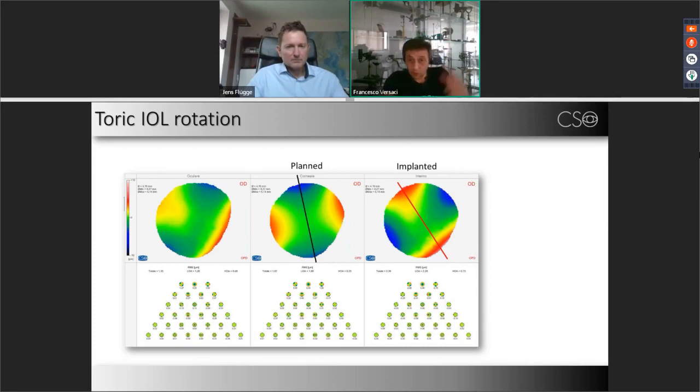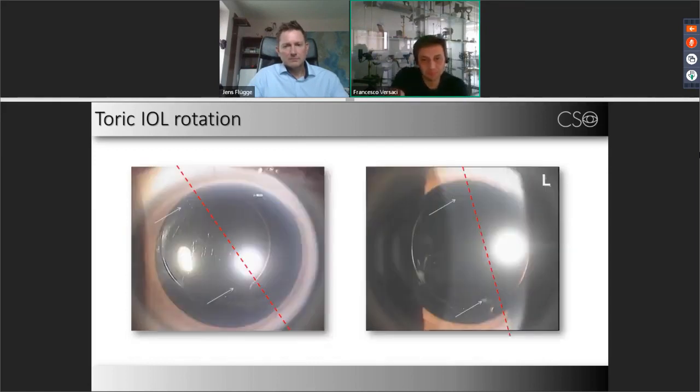And so this confirms the rotation of the lens respect to the expected position, and this is the angle that the surgeon has to correct the position of the IOL.